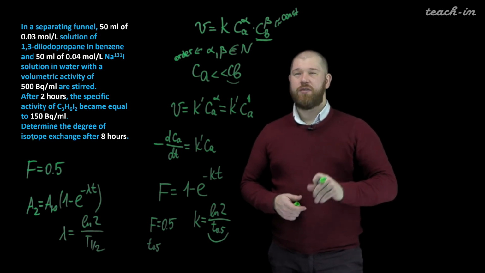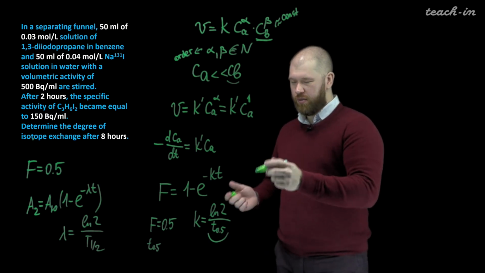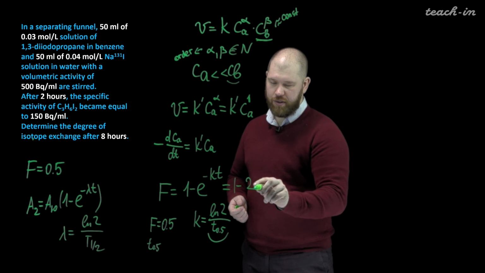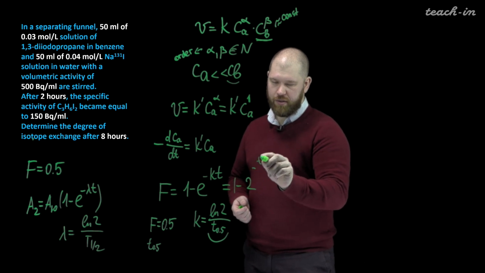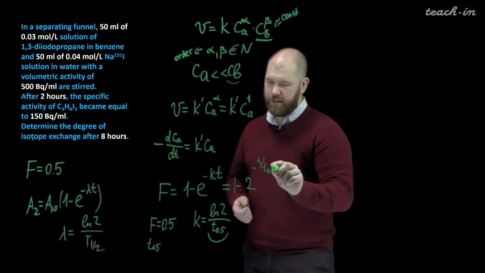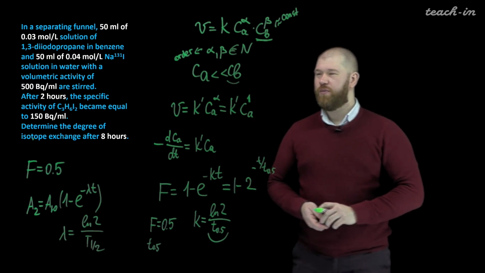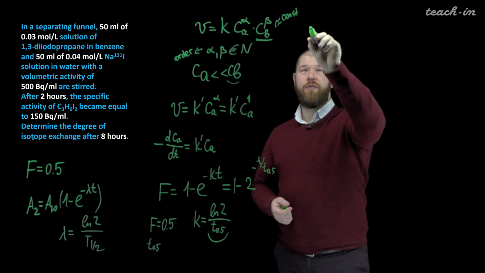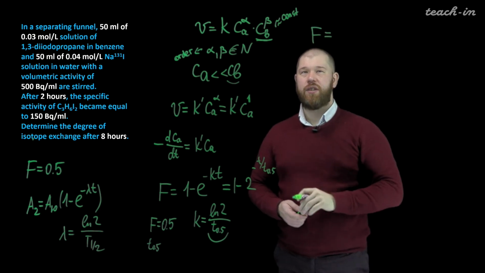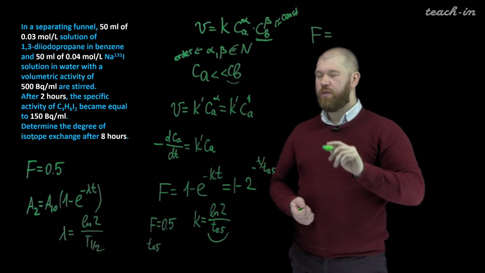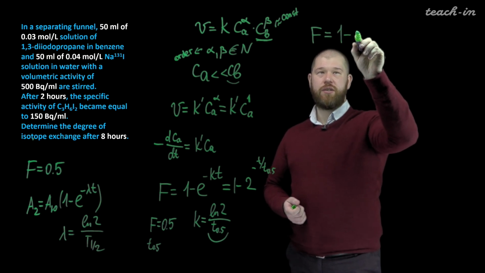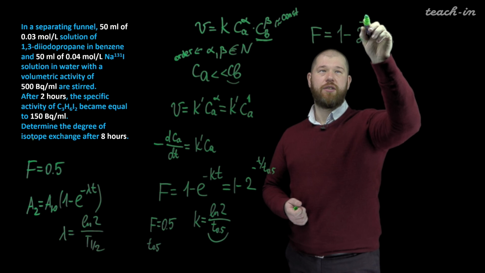And thus, we can also rewrite this equation like this, with a minus, the same as in the case of radioactive decay. And thus, we can find the isotope exchange degree after 8 hours.